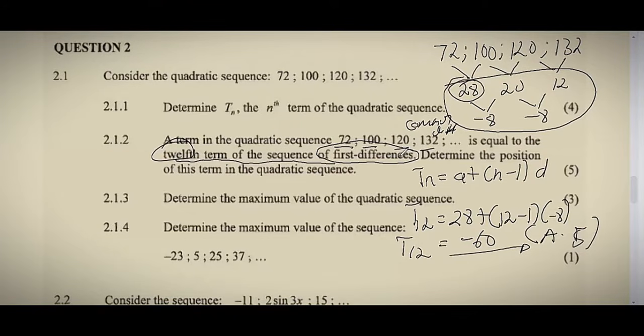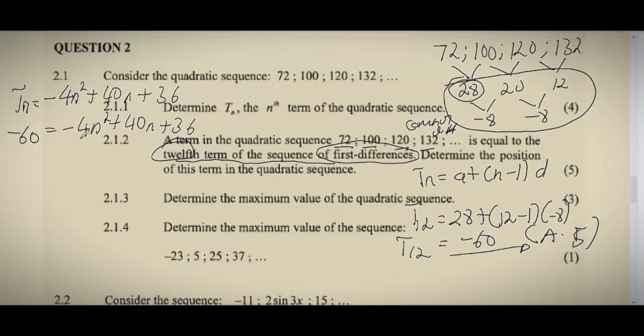So what must we do in order to find the position of that term? Remember, we already have the Tn for the quadratic sequence: negative 4n squared plus 40n plus 36. In order to find the position of this term, we can substitute negative 60 into Tn of the quadratic sequence and then calculate the nth value.